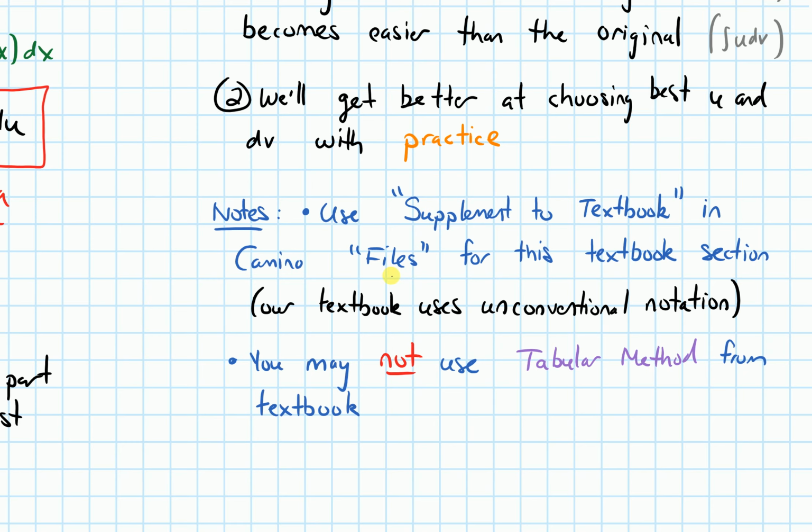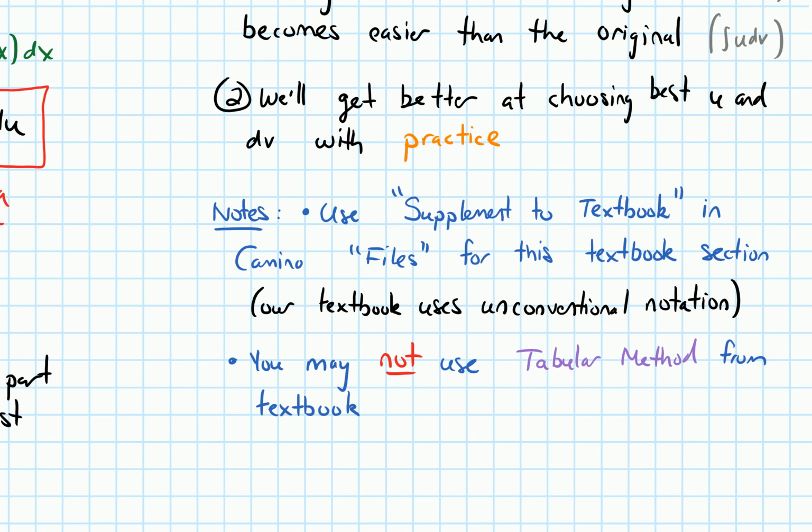So for this section, we have our own set of lecture notes that are provided, sort of like our own version of the textbook section, and that's posted on Camino. In Camino, if you go to Files, there's a section that says Supplement to the Textbook. So please refer to that for this section instead of looking at the textbook.